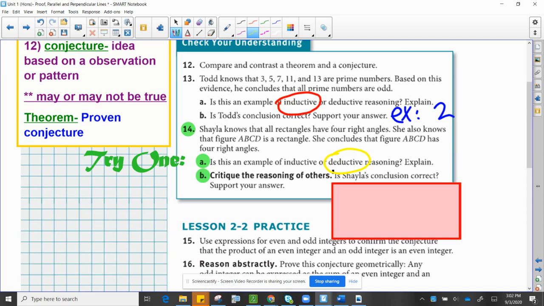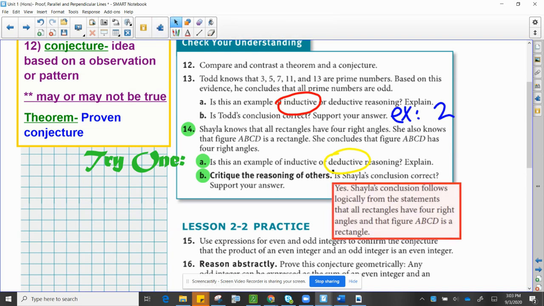She knows it's for sure facts. So is Shayla's conclusion correct? Hopefully you said yes, okay? Her conclusion follows logical statements, okay, about rectangles having 4 right angles, and therefore she can prove, again, without a doubt, that figure has 4 right angles.